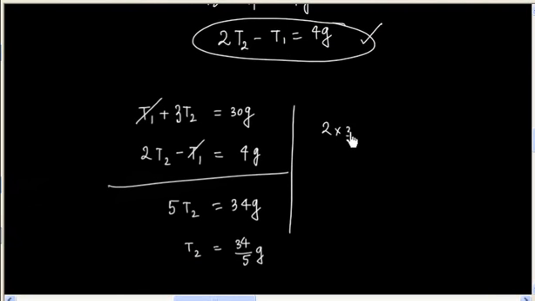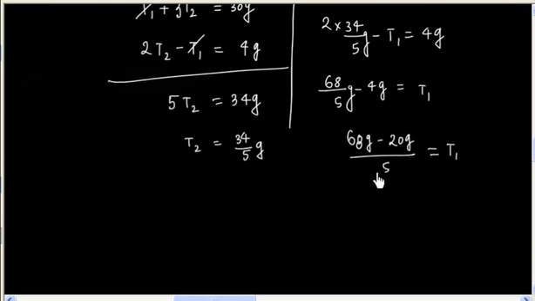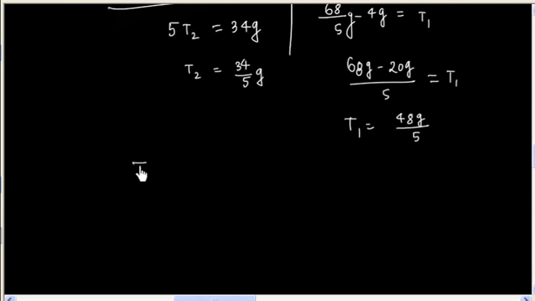So let us plug in the value of T2. So T1 is 48g by 5. So we have solved for T1 and T2.